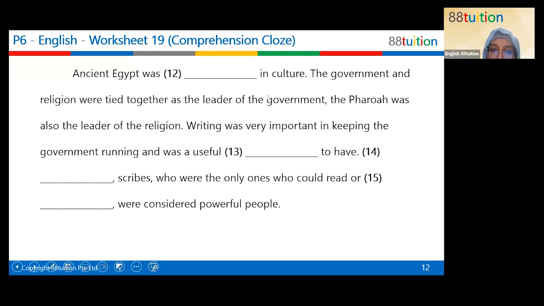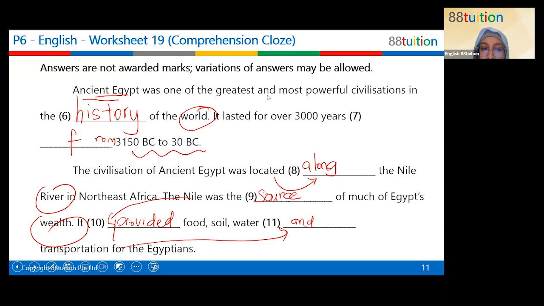Sorry guys, I just go back to the previous slide. Was located near? No. You see, right? It's a river. So you think of the river, it's located by the banks of the river. That's why you need to use along, because of the river banks. So you cannot say near. Does that answer your question? Is that okay?